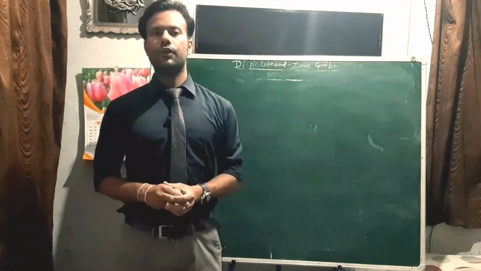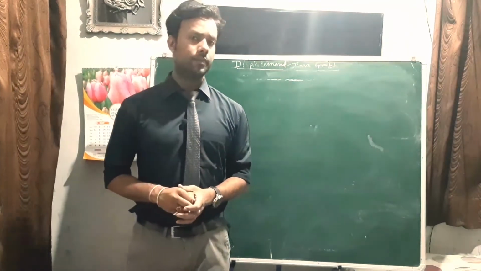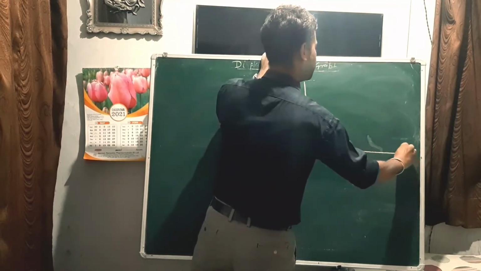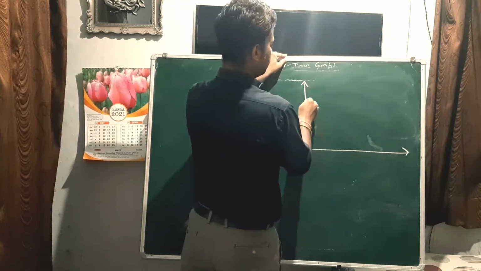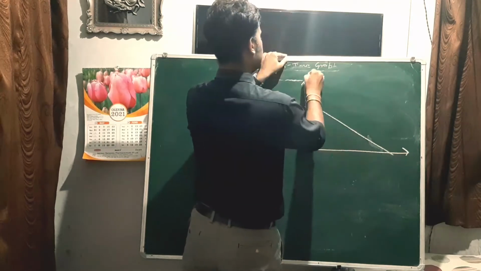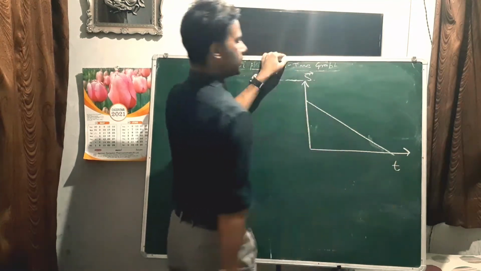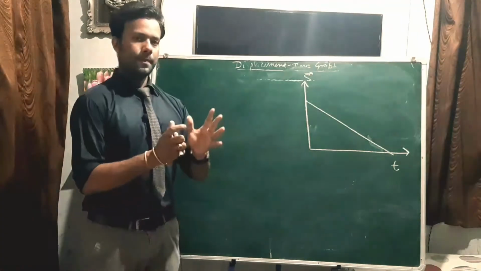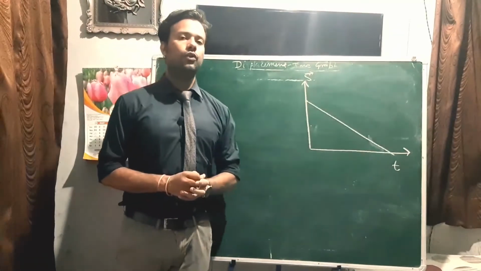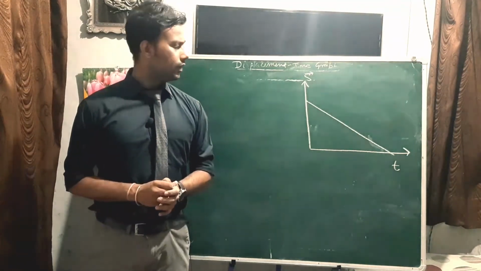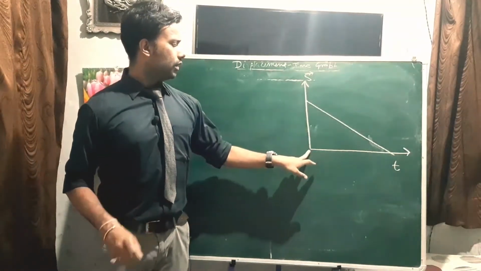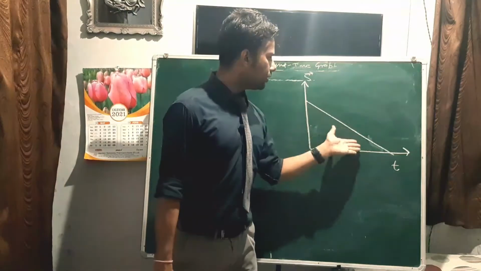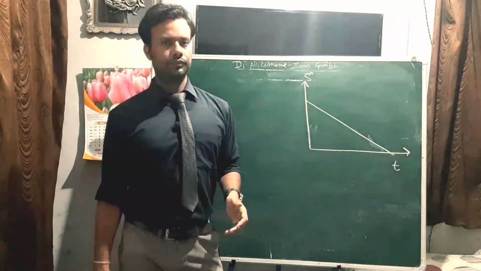All right, there's one more case in this displacement-time graph. When the slope of the graph is negative, what does it mean? Suppose this is the displacement-time graph. Now what do you understand by this graph? When time is 0, it was at some height or distance, and when time increases it is moving downwards, right?